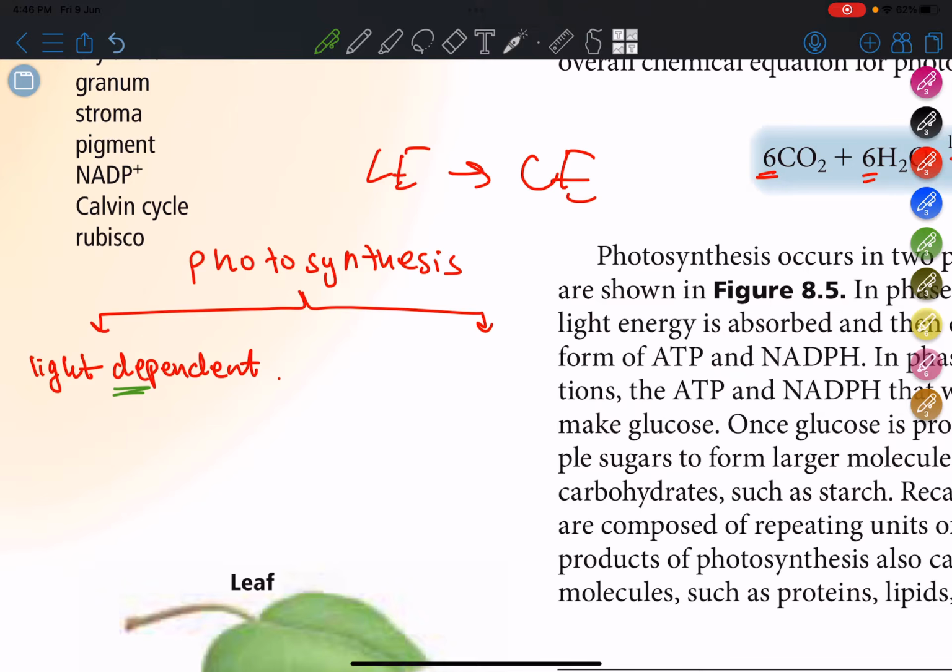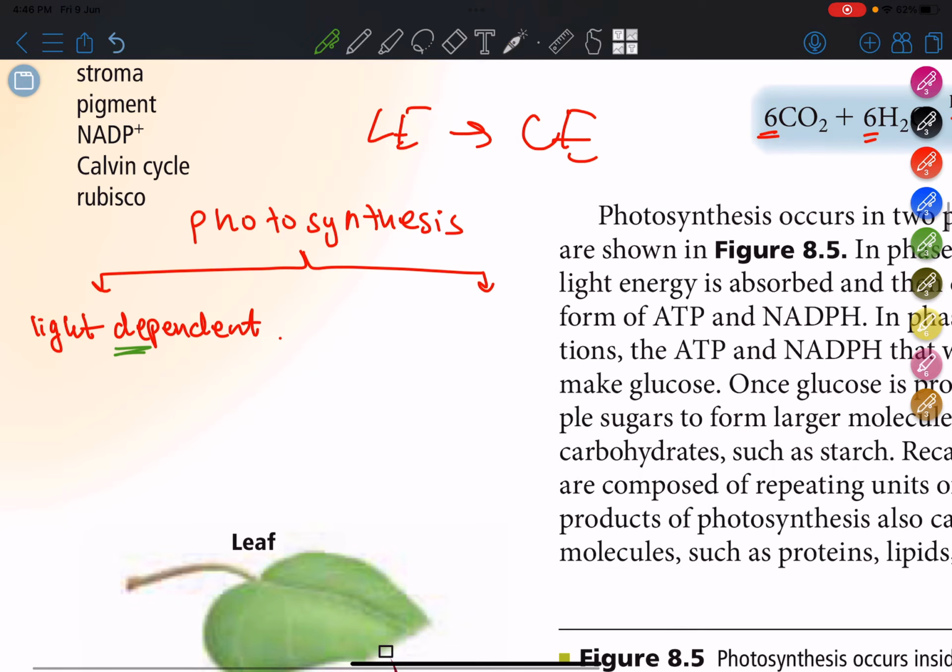We need light, right? That's why it's called light dependent reaction. What happens in the light dependent reactions? This is just a brief summary, just a brief collection of ideas, okay? What happens in the light dependent reaction? Light energy is absorbed, so light is absorbed.